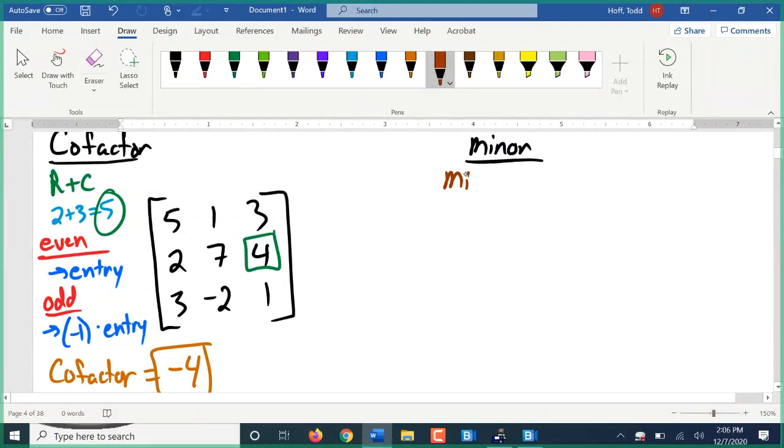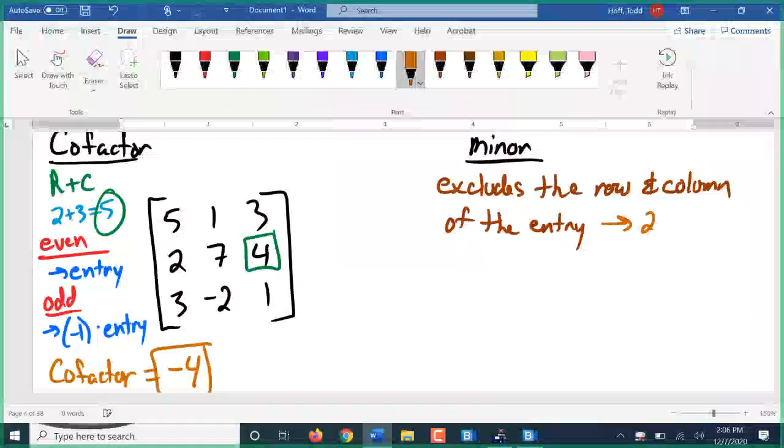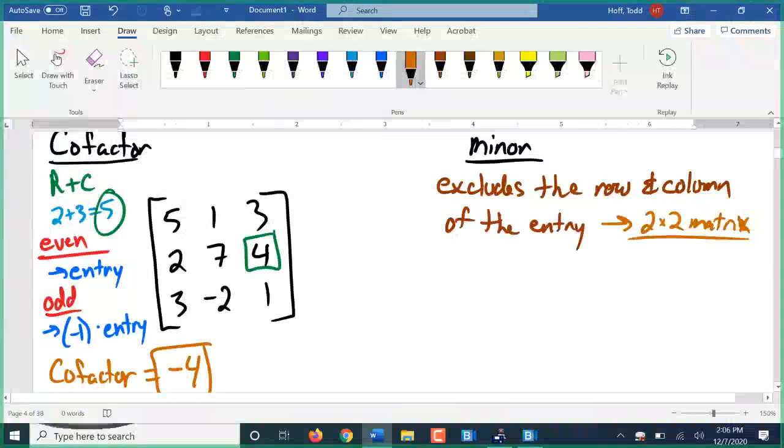The minor excludes the row and column of the entry. And this will give us a 2 by 2 matrix, or a matrix one dimension smaller than the one we're working with. If we were working with a 4 by 4 matrix, the minor would be a 3 by 3 matrix.